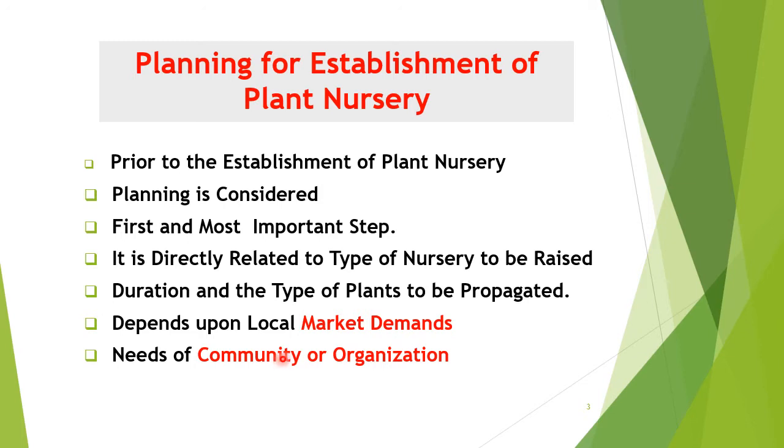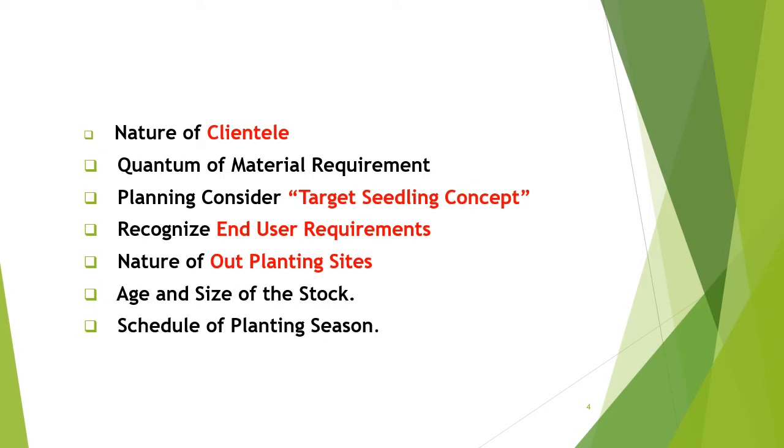Because when you are establishing a nursery, your planning will be dependent on the demands of the community or let's say market demand. What's the market demand? And what type of nursery you want to have. So that's why planning is considered as the first and the most important step in the establishment of nursery.